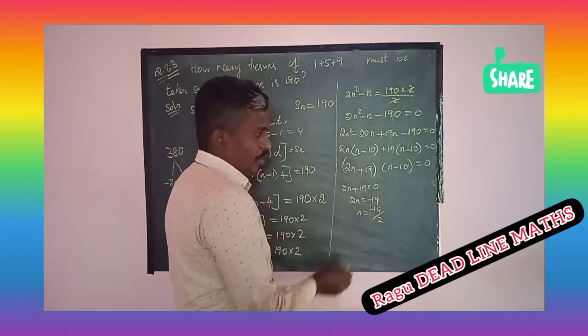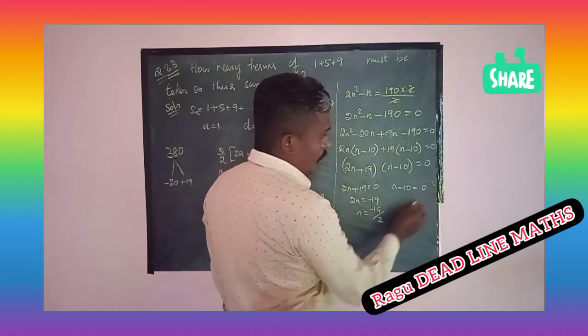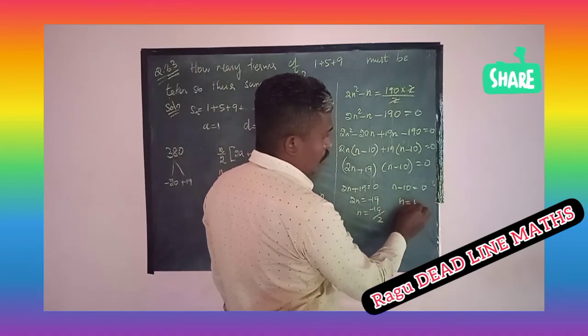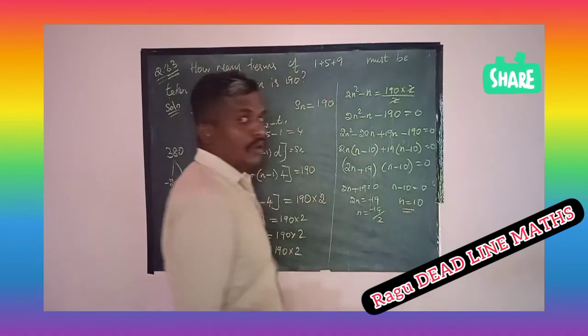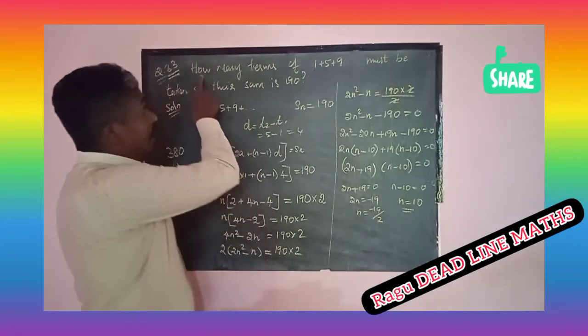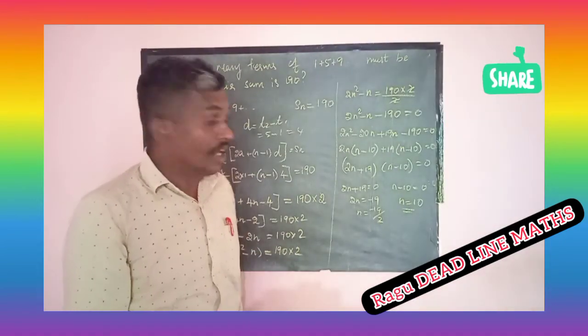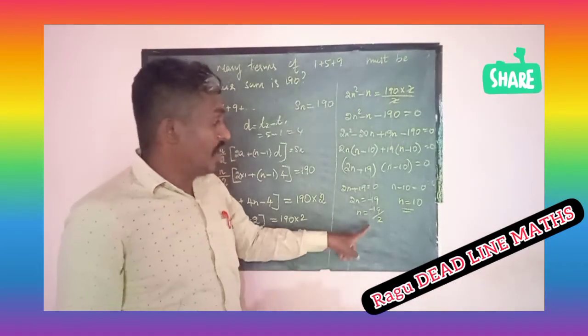One value is that. Then one more value: n minus 10 is equal to 0, so n is equal to plus 10. Here we are asked how many terms of the AP, which must be a countable number, so it cannot be negative.